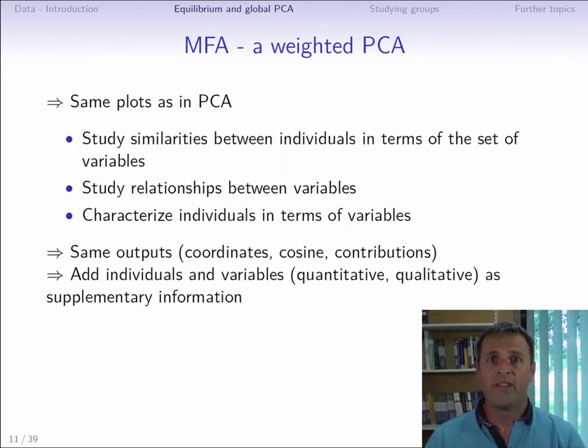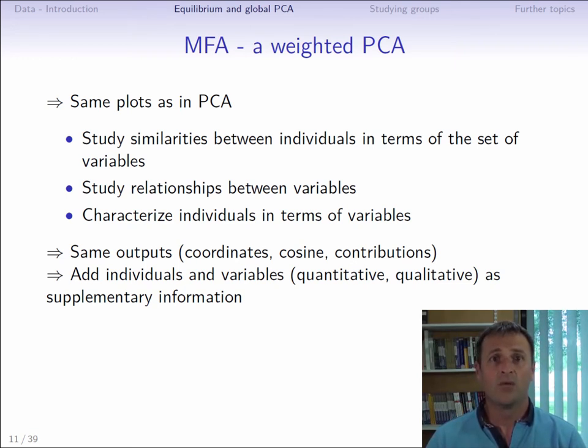We have seen that an MFA can be considered as a PCA on the weighted table that juxtaposes the data from all the groups. Since it's a global PCA, we'll first obtain the same plots as in PCA, an individuals plot and a variables plot. The individuals plot helps us to visualize the overall similarities between individuals, taking into account information on all of the variables. The variables plot makes it possible to visualize the relationships between all the variables.